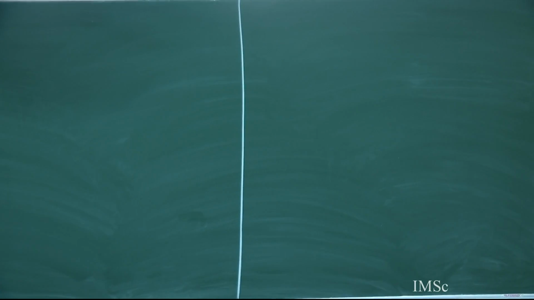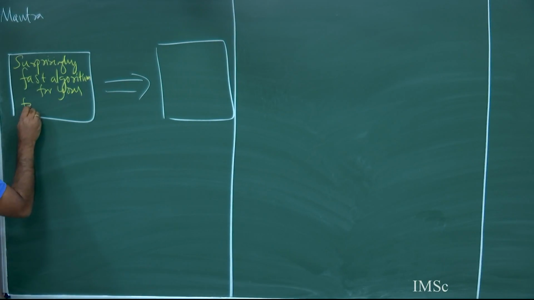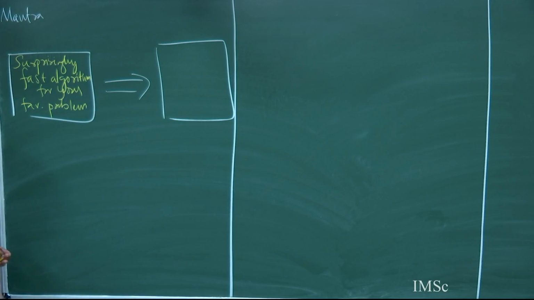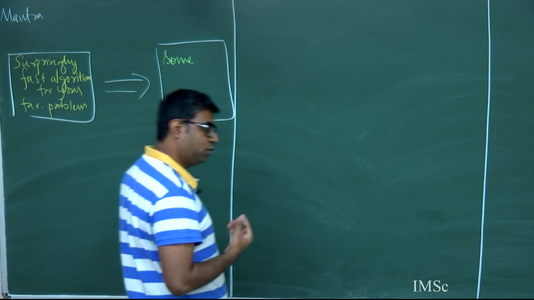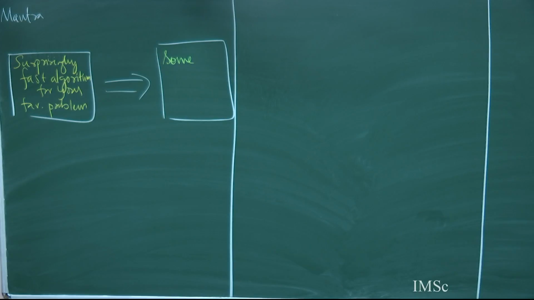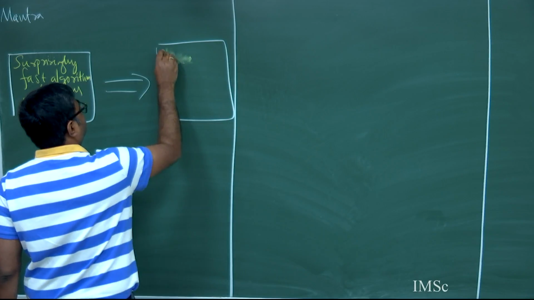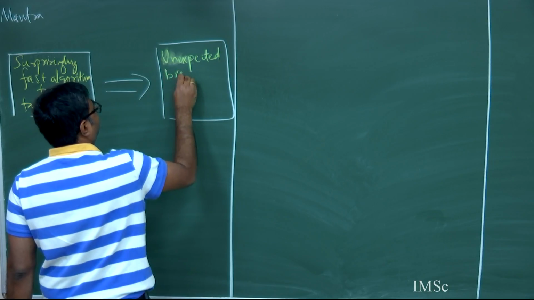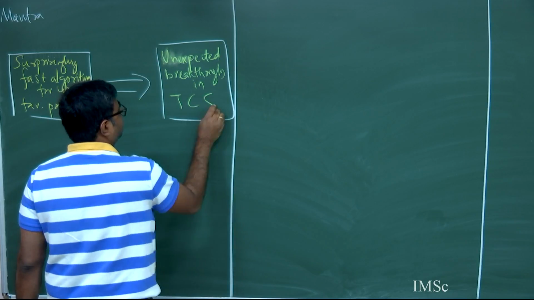a surprisingly fast algorithm for your favorite problem. We'll quantify what this means. It implies some known, or the best way to say, unexpected breakthroughs in theoretical computer science, okay?